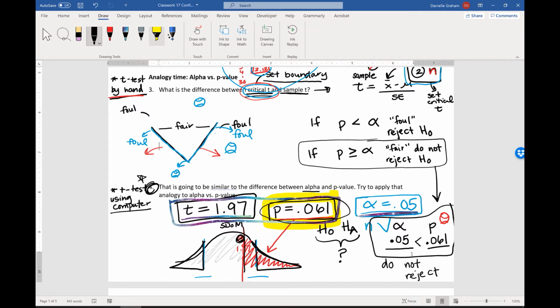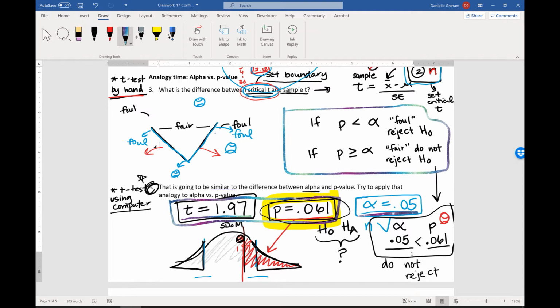We want to keep in mind this. If P is smaller than alpha, we reject the null. If P is bigger than alpha, we don't reject it. And so to help us again remember this, we go with Snoop Dogg. That's kind of hard to read, isn't it?